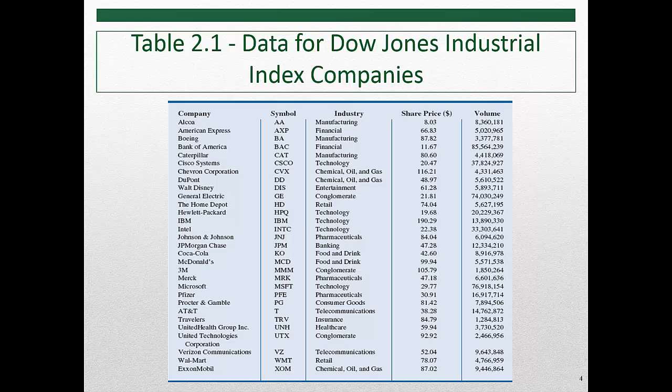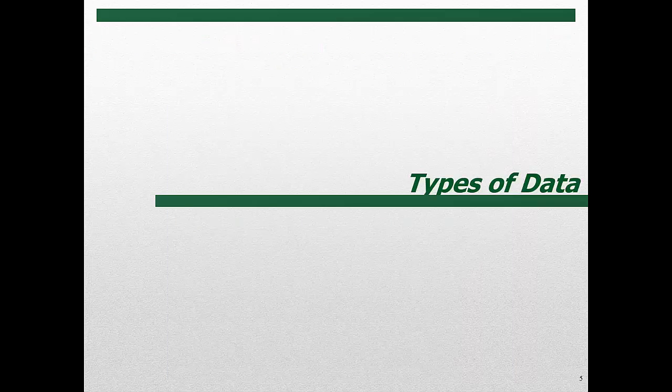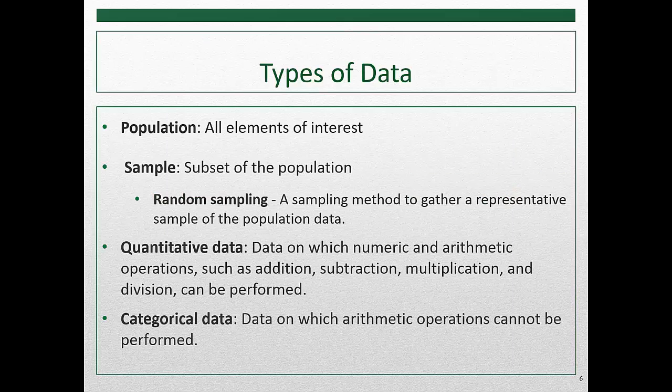Next, we will take a closer look at the data. What are the types of data? First of all, a population means all elements of interest. Examples are the thousands of publicly traded companies in the United States.